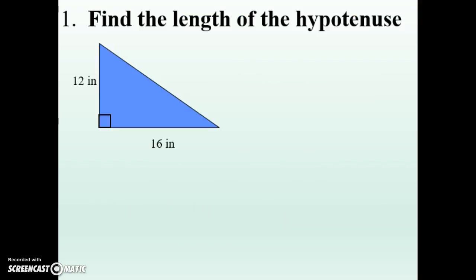So let's work a few examples. Here, we want to find the length of the hypotenuse. We know we have one leg that's 16 inches, one leg that's 12 inches. So the Pythagorean theorem says that 12 squared plus 16 squared equals, we'll call it h for the hypotenuse, h squared.